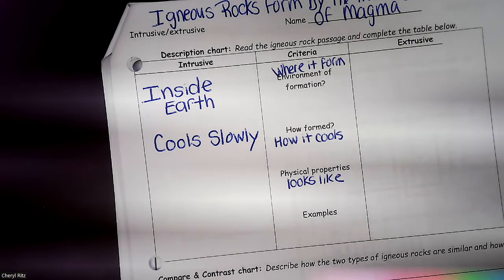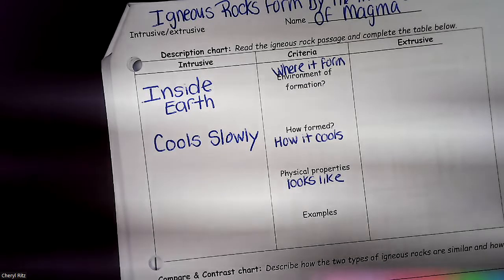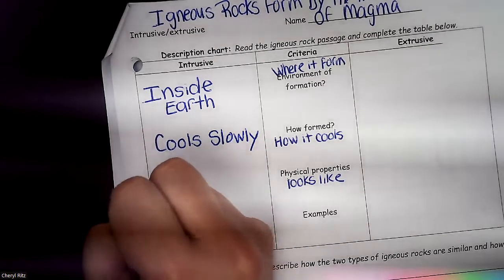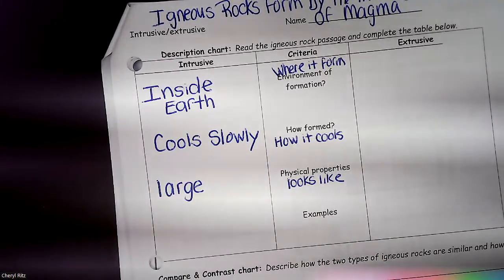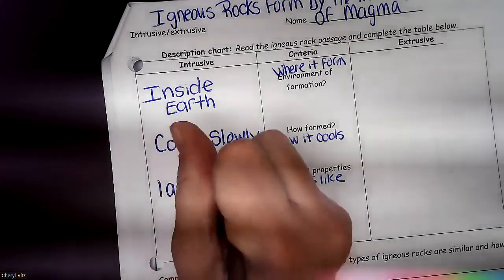All right, you inside Earth crust people, because it cools slowly inside of Earth, what is it going to look like? What are the physical properties from the reading? Yeah, Caitlin? Large crystals. I had that one right. Good. You might have even said visible crystals, but large crystals is good enough.